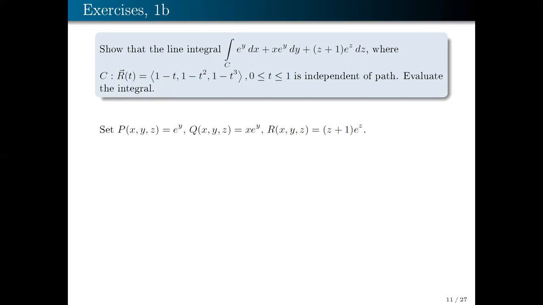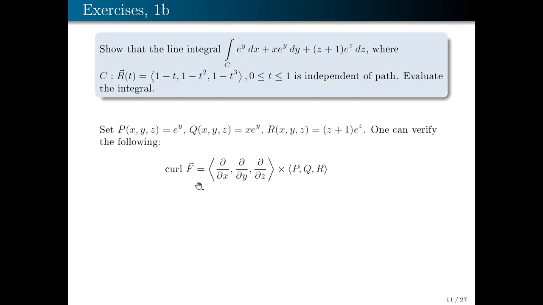So now we have a check to see if PQR is a conservative vector field, and that is by way of the curl. Remember, we have the curl of a vector field of 3 components to be computed as the del operator, partial x, partial y, partial z, as a vector, cross PQR, whatever PQR would be.